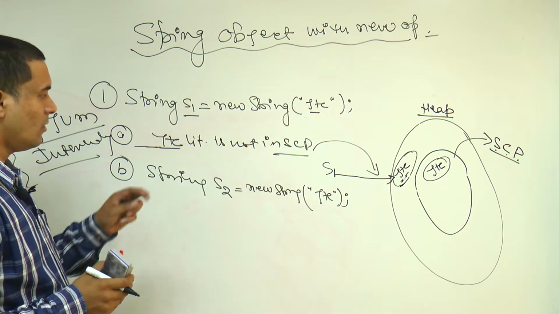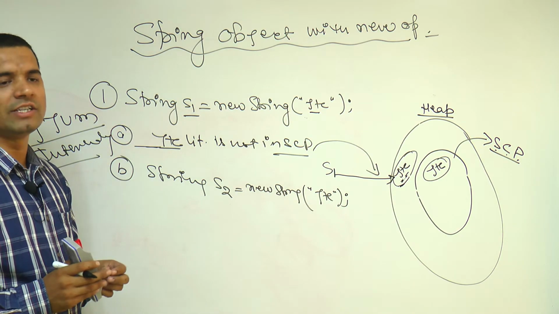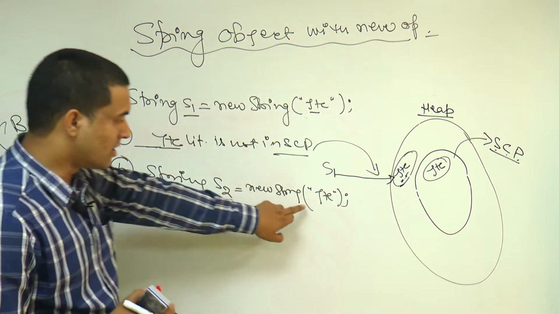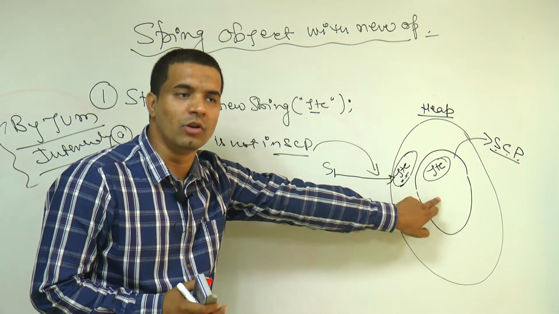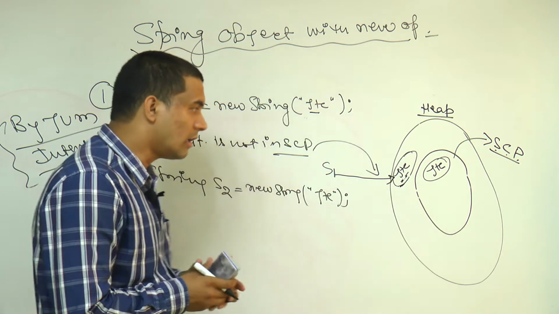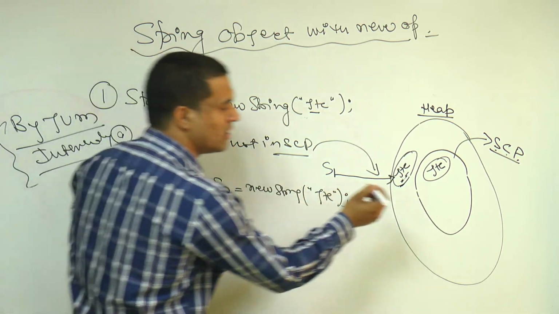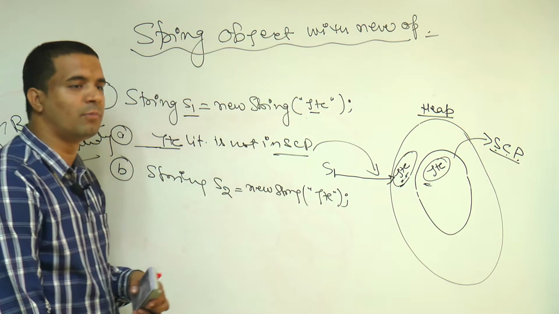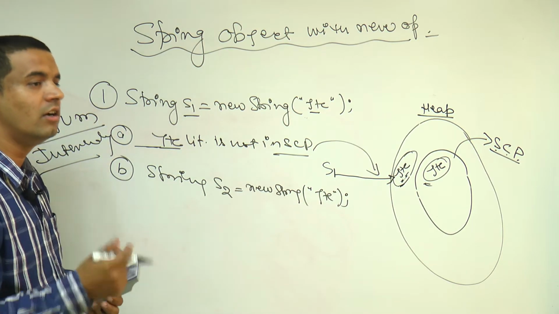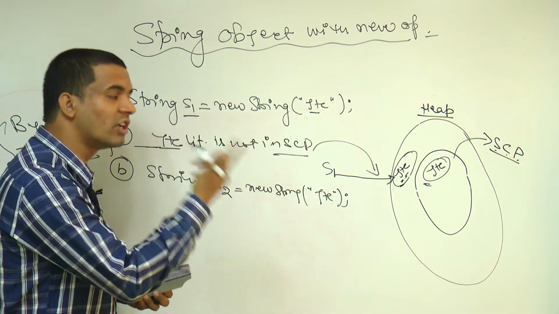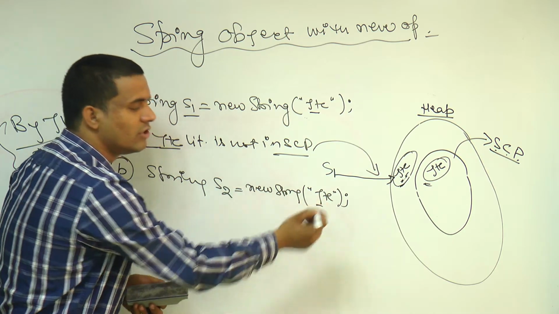When you create that literal, it will check whether JTC is there inside the string constant pool or not. If JTC is already available inside the string constant pool, it is not going to create a new literal inside the pool with the name JTC.